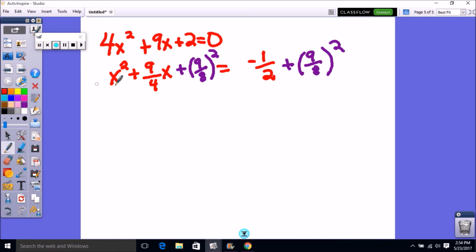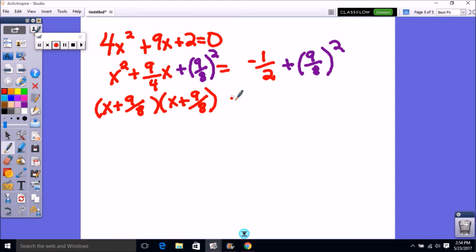Okay? So I'm not right now on this side of the equation going to figure what 9/8 squared is. I'm just using that as a placeholder so that I understand that that's the fraction that goes in as the second term in each of my equations. Okay, so it's x plus 9/8.